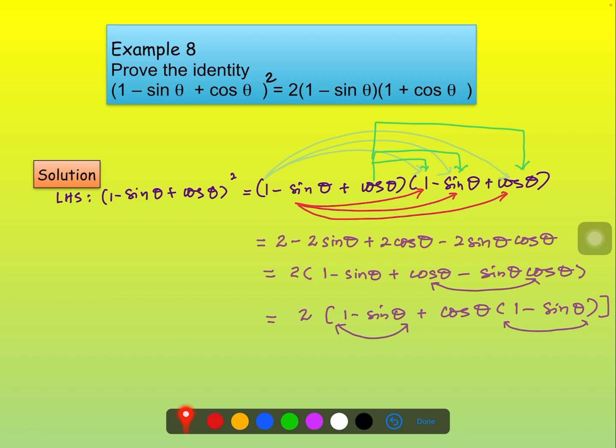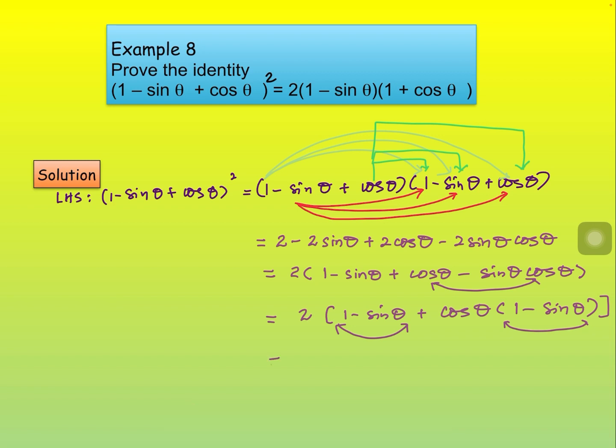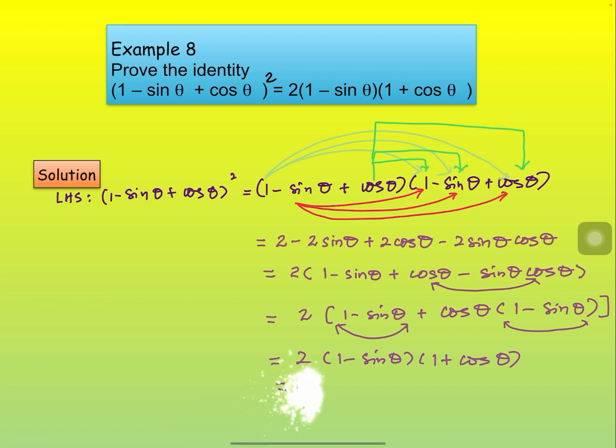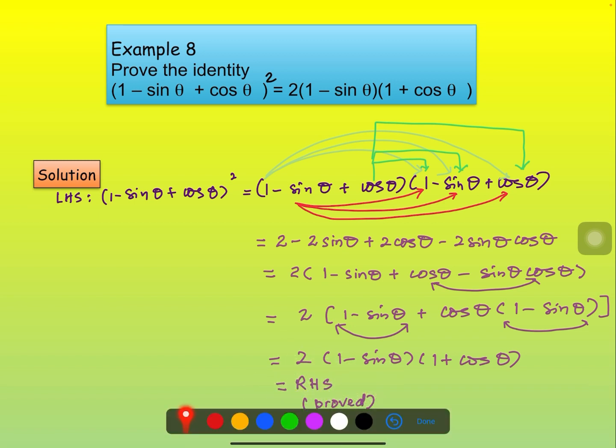It can be factorized. So we will have here 2 times 1 minus sin theta, and then this is times 1 plus the left behind cos theta. So 1 plus cos theta, which is the right hand side. It's proved.